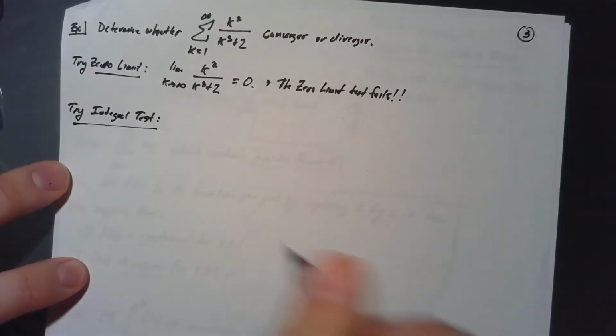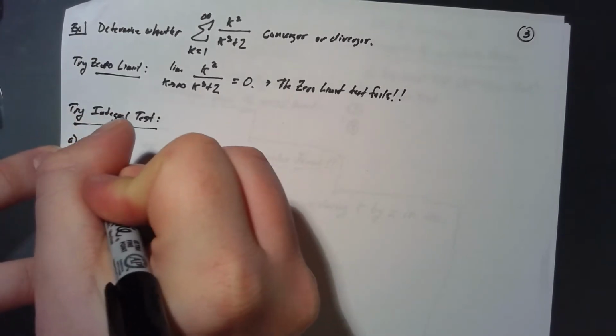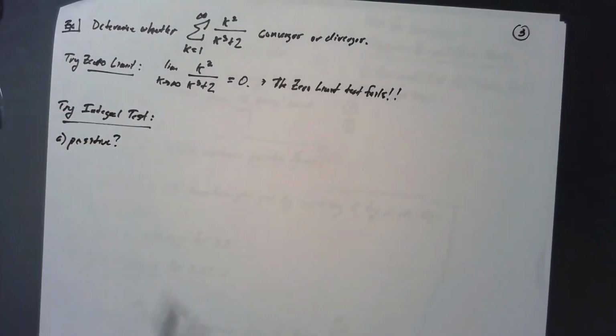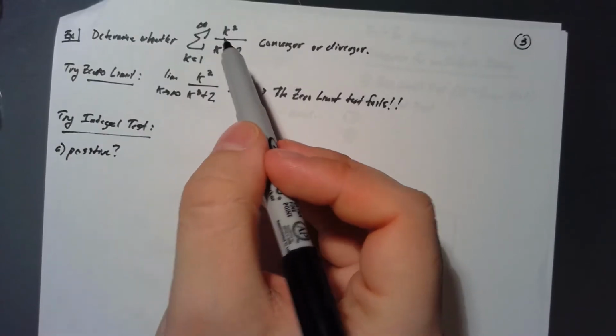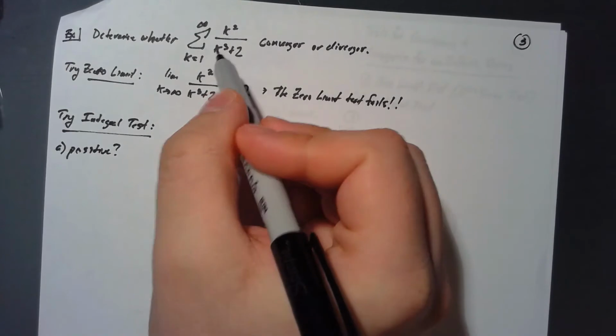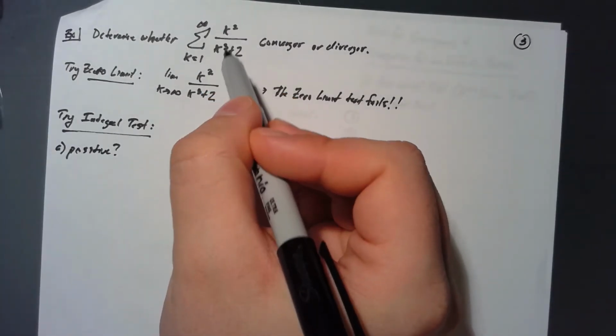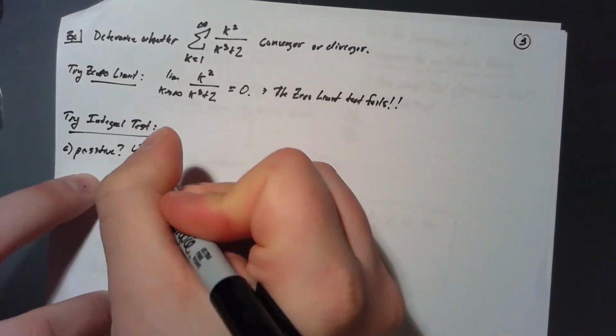All right, so first condition. Is it positive terms? That's pretty easy to see, right? If you plug in 1, 2, into infinity, you're going to see that this is a positive term series. Yes, it is.